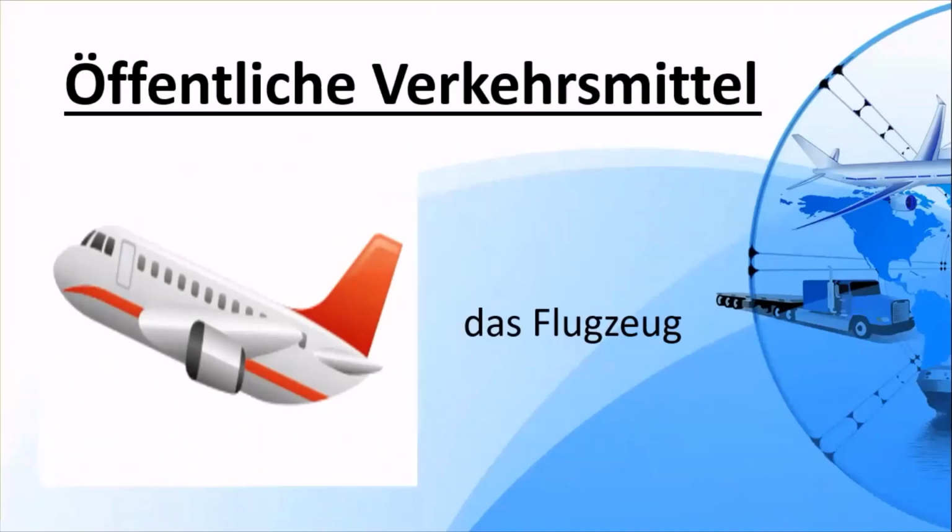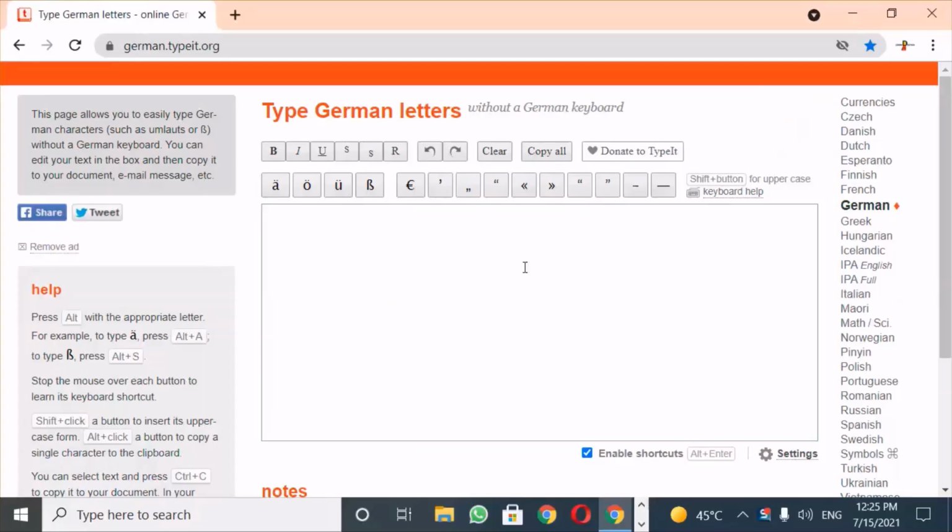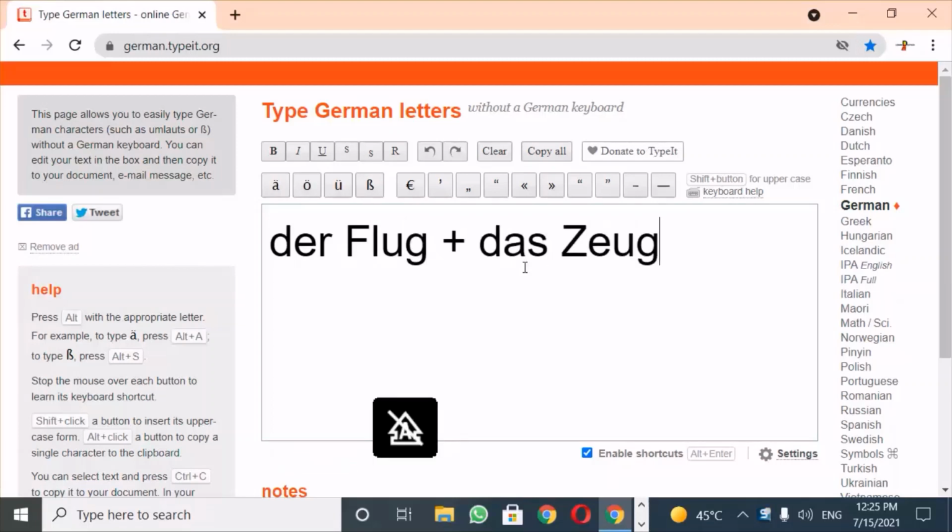Then the plane is das Flugzeug. Now again this word interestingly is, even though it's a short word, a compound noun made up of der Flug, which is the flight, and das Zeug, which is the stuff.